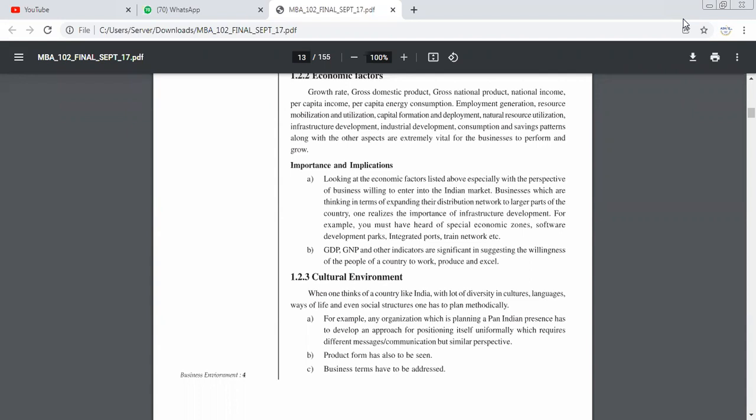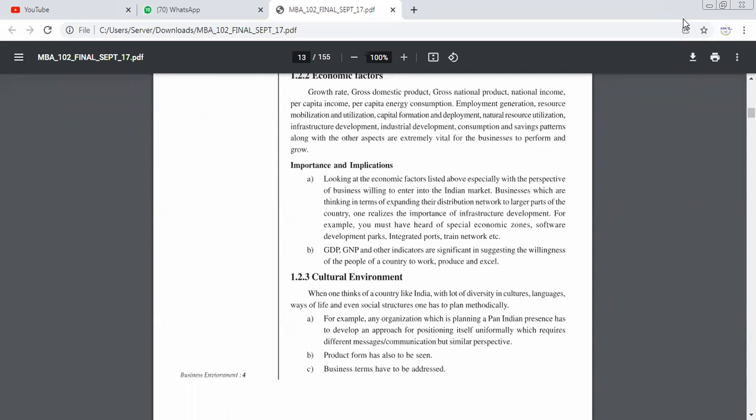Now let us see the cultural factors. When one thinks about a country like India, with a lot of diversity in cultural languages, ways of life, and even social structure, one has to plan methodologically.